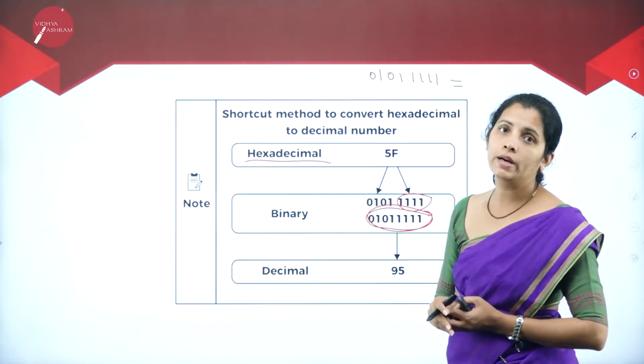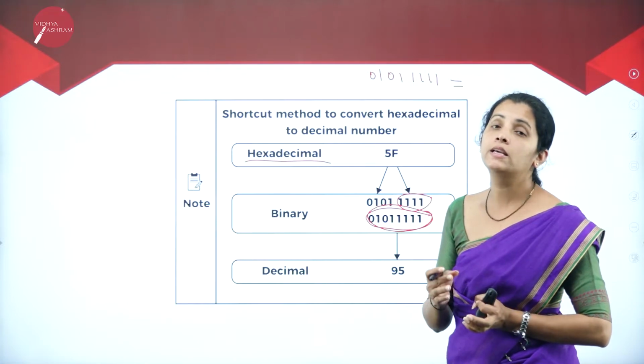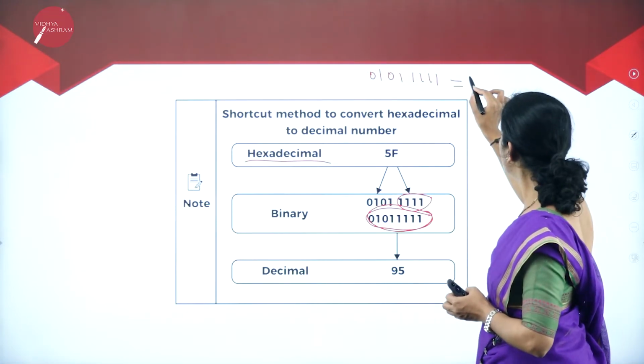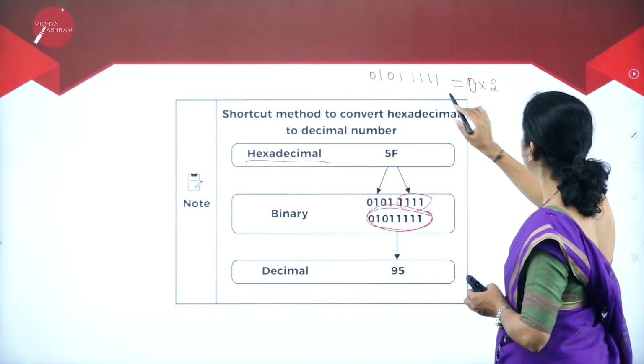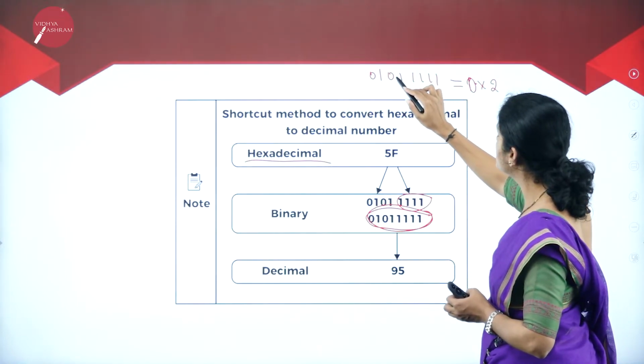Now I'm going to do the binary to decimal conversion. That is, 1 into 2 to the power 0, 1, 2, 3, 4, 5, 6, 7.